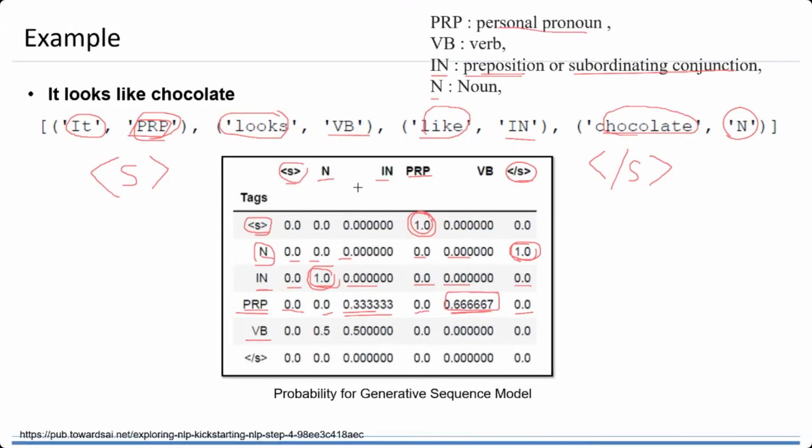For verb, it is 0, 0.5, 0.5, 0, 0, 0. After verb, if it is noun, the probability is 0.5, and if it is the preposition in, it is 0.5. So it is a 50-50 probability. This is the probability for the generative sequence model. That's why when you deal with ChatGPT, you can see that behind ChatGPT is a big probability model like this one.